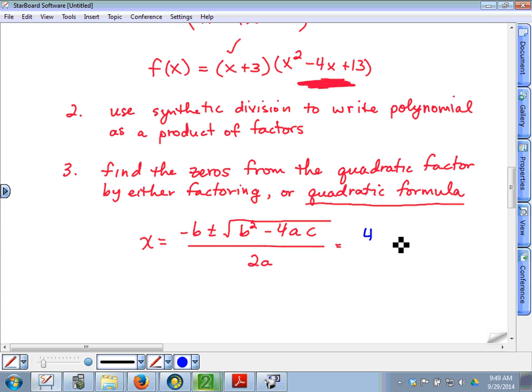All right, the opposite of b is 4, plus or minus the square root of b squared, which is 16, minus 4 times a times c, all over 2a.